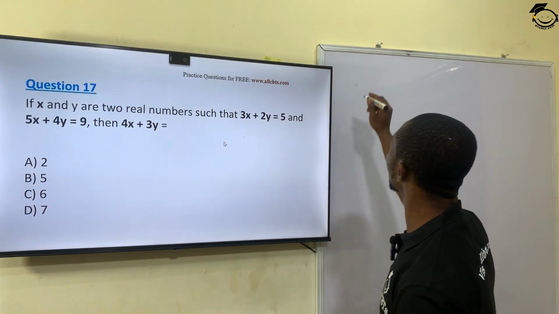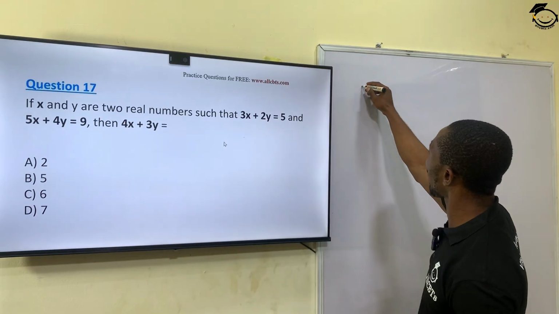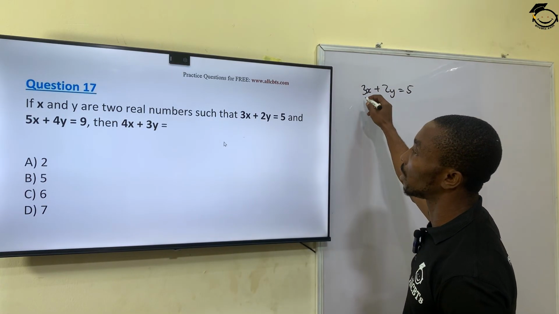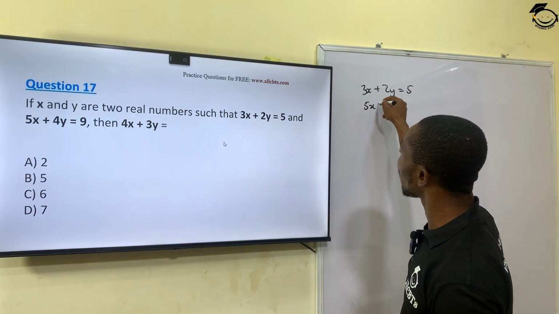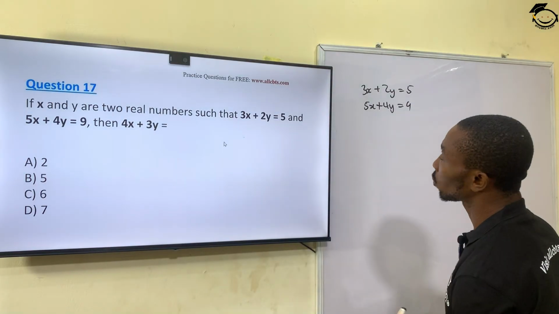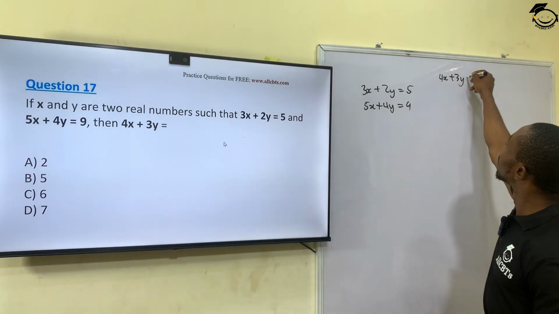If x and y are two real numbers such that 3x plus 2y equals 5 and 5x plus 4y equals 9, then what would our 4x plus 3y give us?